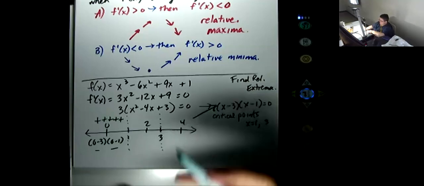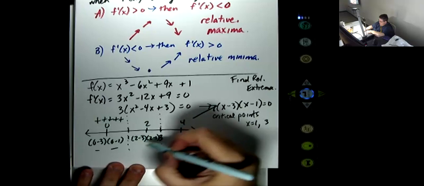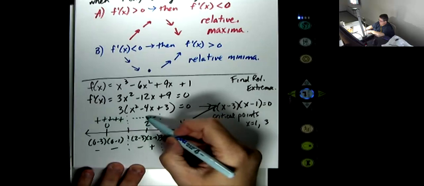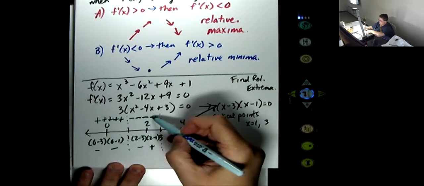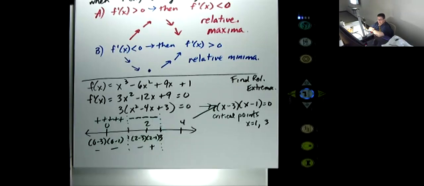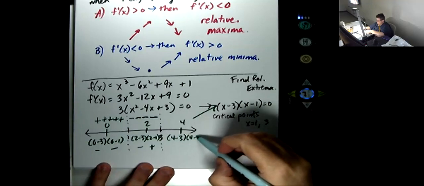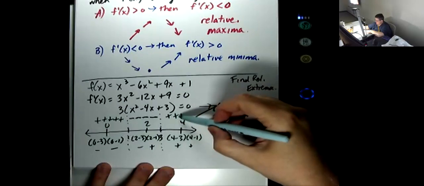If I put in 2, 2 minus 3, 2 minus 1, I've got a negative and a positive. This region is negative. And if I put in 4, these are both positive, which means this is a positive region.